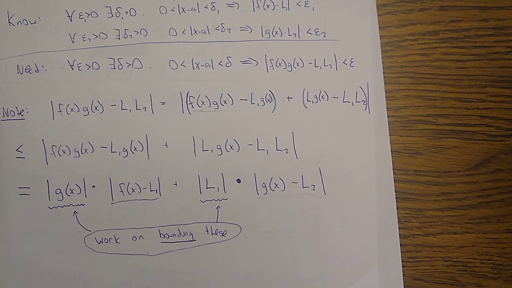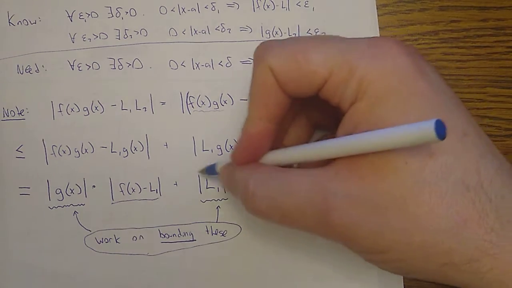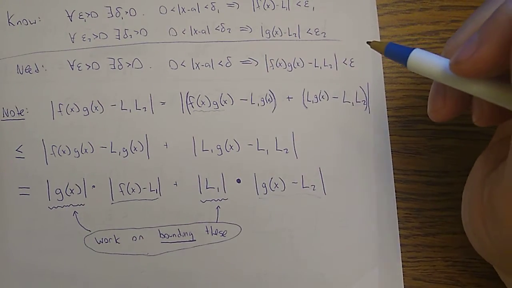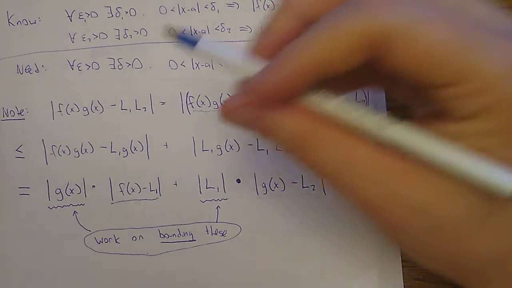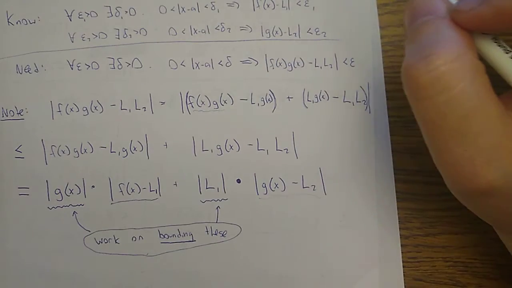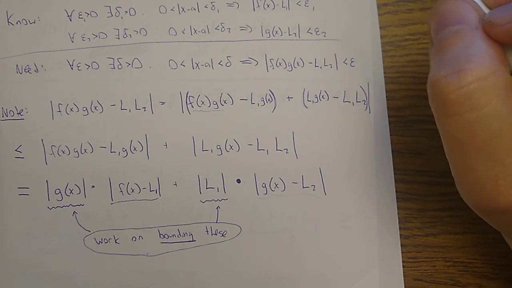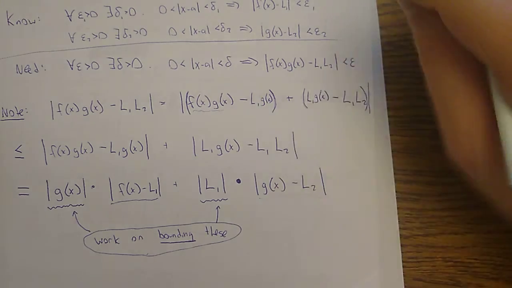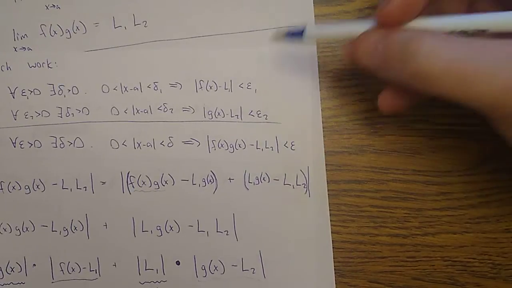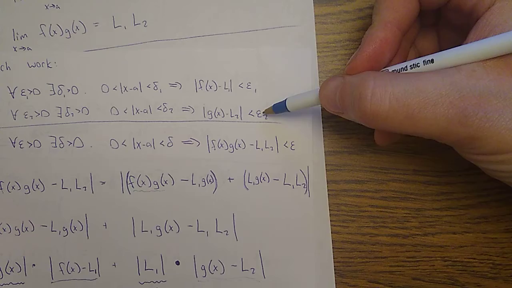The good news is that L1 is just some specific number. G of x, unfortunately, is not, but we can say this about g of x.